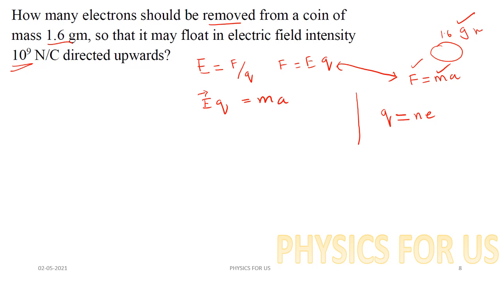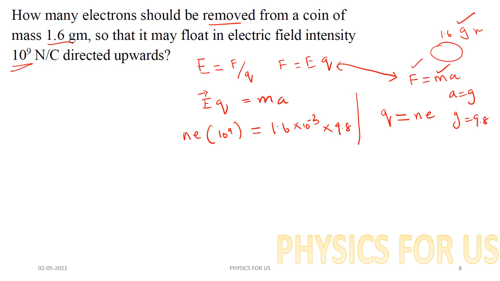So we can write Ne, and instead of E we substitute 10 power 9. M we know is 1.6 into 10 power minus 3 kilogram, and a is nothing but 9.8, the acceleration due to gravity. a is equal to g, and g is equal to 9.8.